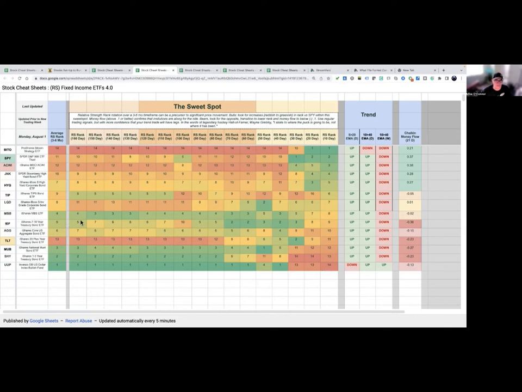IEF, the 7 to 10 year Treasury note, rotating from kind of a defensive area, right, of top half to top quintile to, we've fallen out of favor a little bit here. That's something to pay attention to, that interest rates may be starting to go on the rise again as bonds fall out of favor. We'll have to see. But nothing too definitive here yet.